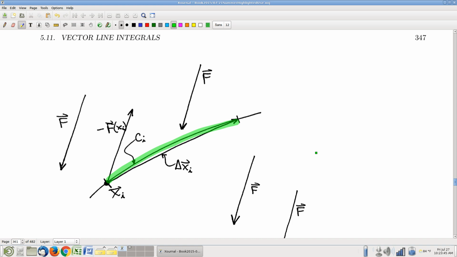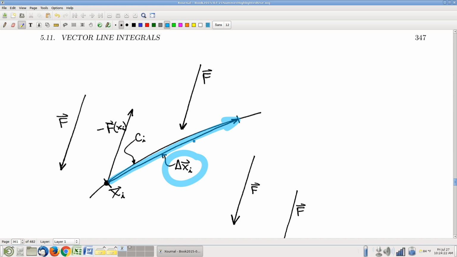But I make the usual hand-waving appeal to intuition: as I slice up finer and finer, as long as my curve is not severely contorted, in the limit, most of these pieces are going to approach straightness. And so I can approximate this task of moving along that little piece of curve sufficiently well in the limit by moving along this displacement vector, delta x.